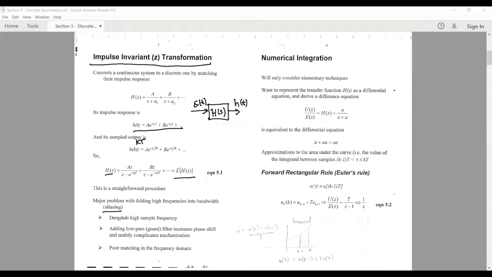So this method demands a high sample frequency. Adding a low pass or guard filter increases the phase shift and unduly complicates the mechanism, and it has poor matching in the frequency domain. The frequency responses of H(s) and H(z) do not match well.